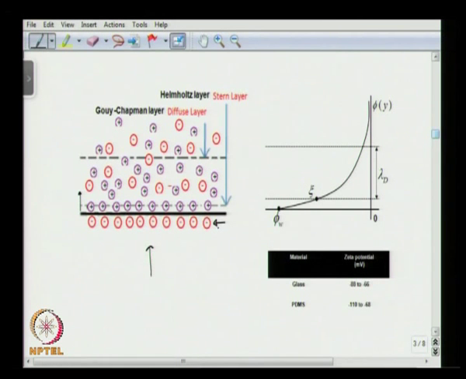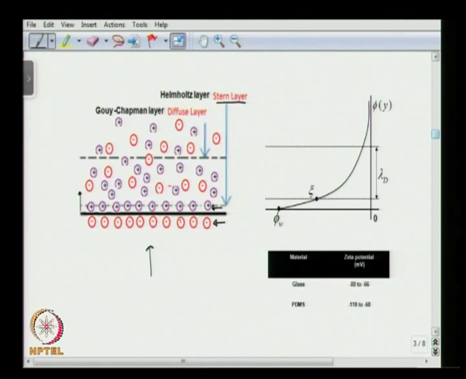Because of the negative charge on the surface, the positive charges are attracted towards the wall, and at the very interface on the wall these positive charges are strictly bound onto the negative charges, and these positive charges are immobile, okay. So they form an immobile layer which is known as Stern layer, okay.